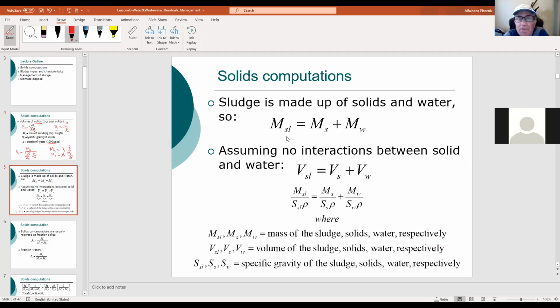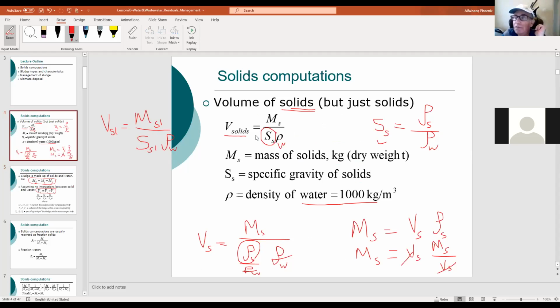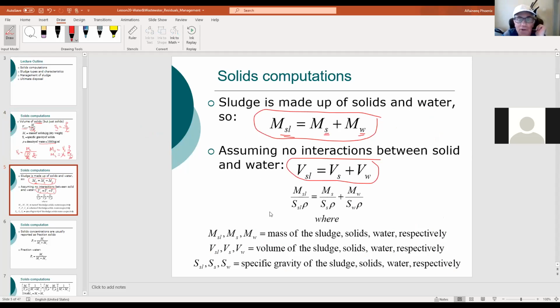Now, sludge, as we said, is solids and water. If you want to write it in terms of mass, here it is. If you want to write it in terms of volumes, here it is. Now, if you bring the volumes and write them in the form that we just saw in this slide, instead of writing volume, you can take this side and put them together here.